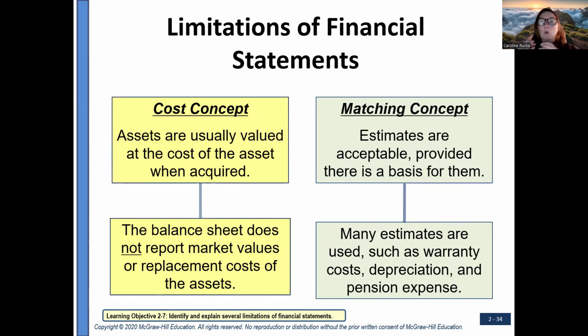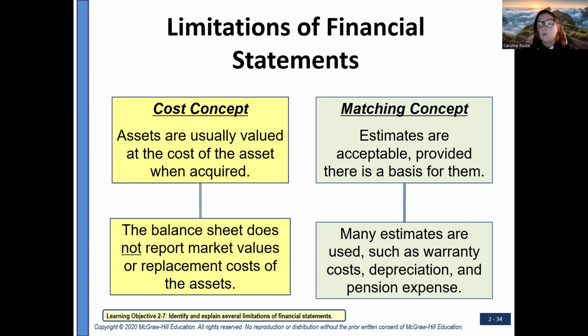Remember more assumptions here. We have to value our assets at cost, not at market value. And then because of the matching concept, oftentimes estimates are allowed here. Depreciation, that's not 100% certainty.